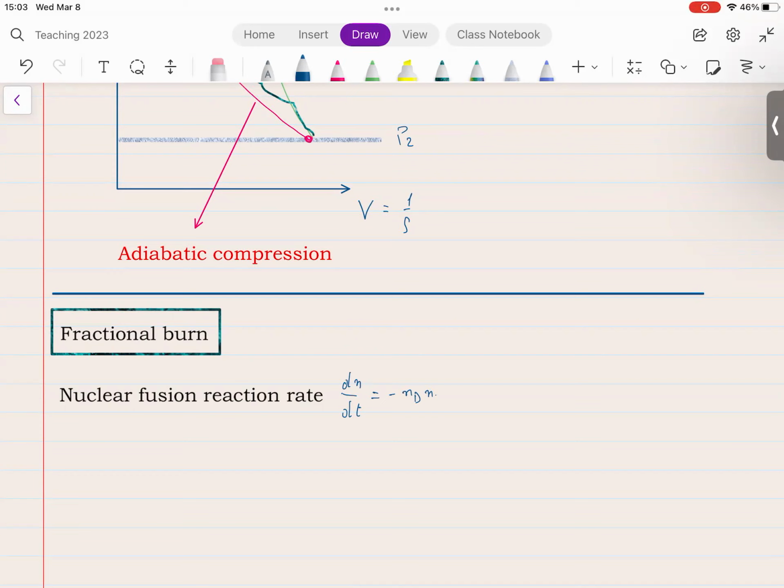And that reaction rate is going to be given by the density of the deuterium times the density of the tritium times the distribution function average, the fusion cross section.